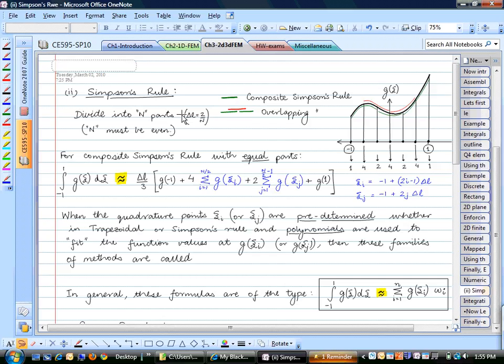All these methods, the trapezoidal rule and the Simpson's rule, belong to a special class of quadrature formulas. Does anybody know what this class of quadrature formula is called? This class is called Newton-Cotes quadrature, or Newton-Cotes formulas.